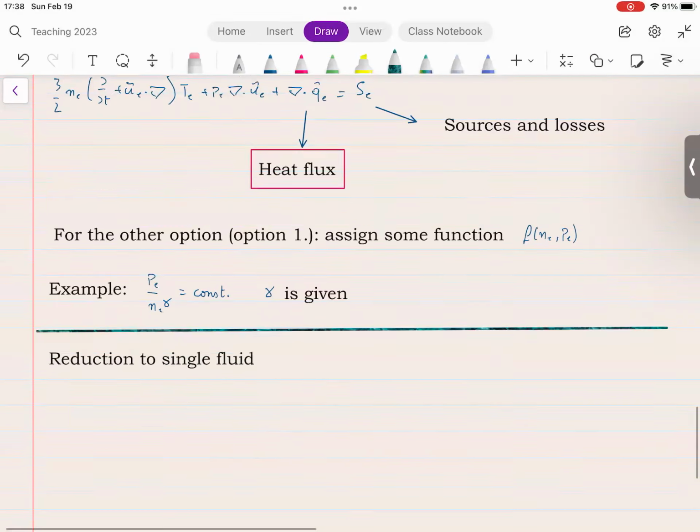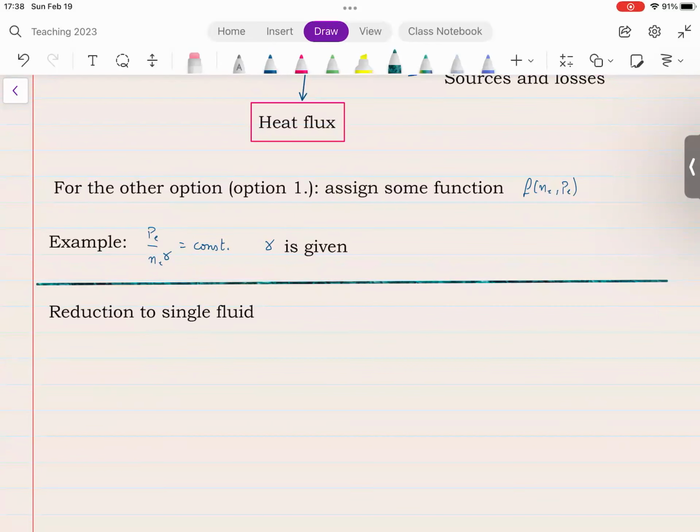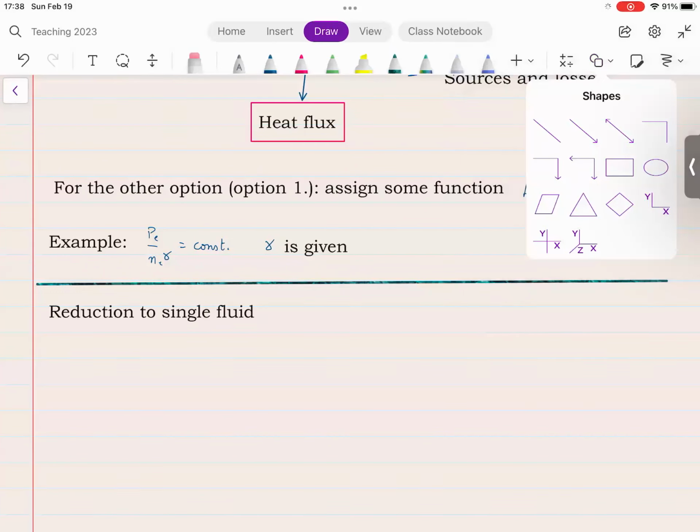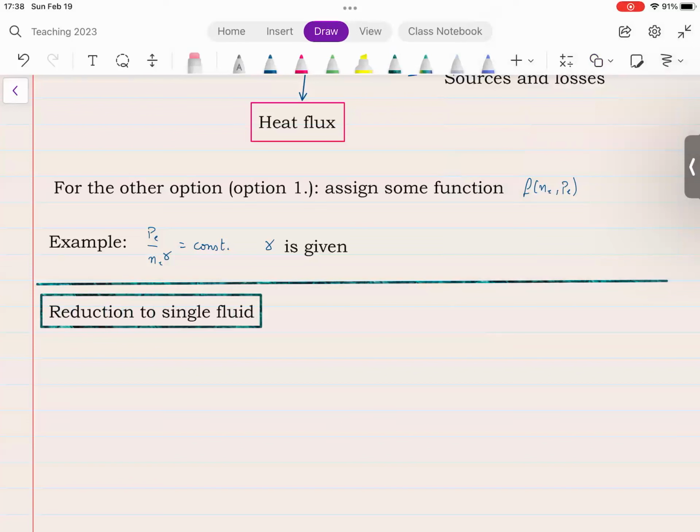Now we're going to try to reduce our two-fluid equation to a single fluid. This is done in a way that will give us what is called the MHD model, which is actually pretty much the only thing we can get if we want a single fluid model from the model we've written so far.